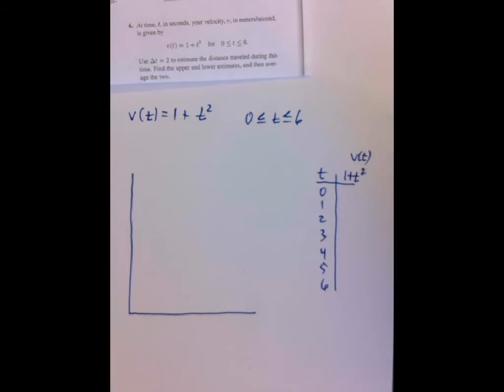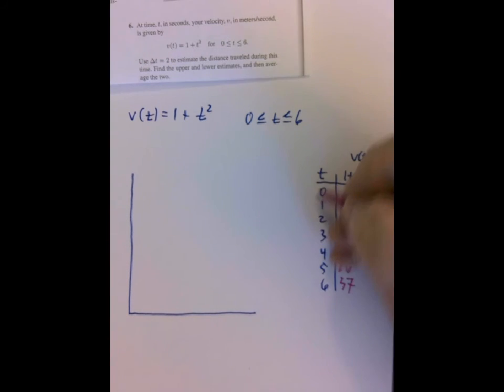This is going to be 1. This is going to be 2. 2 squared, that's 4 plus 1 is 5. That's 10, right? 4 squared is 16 plus 1 is 17. 5 squared, 25, that's 26. 6 squared, 36 plus 1 is 37.